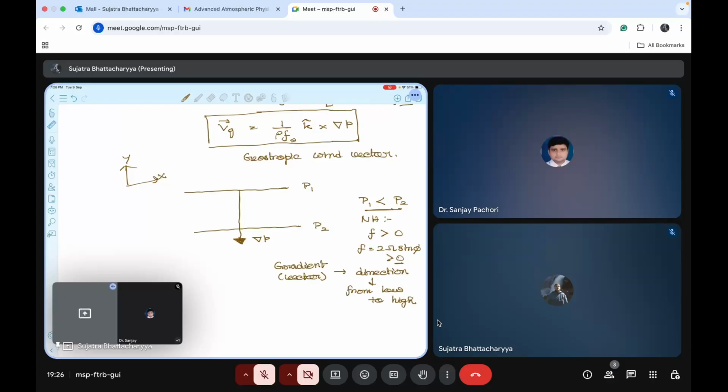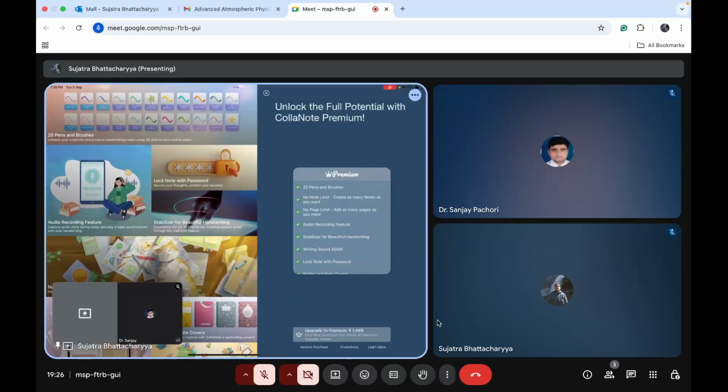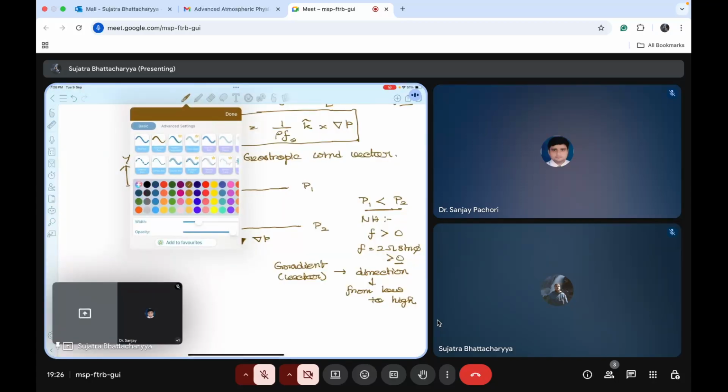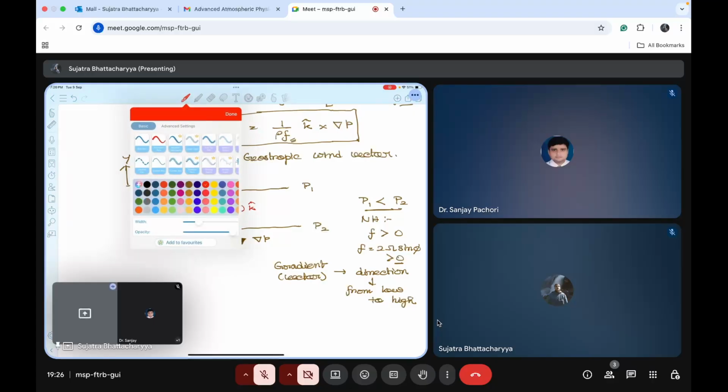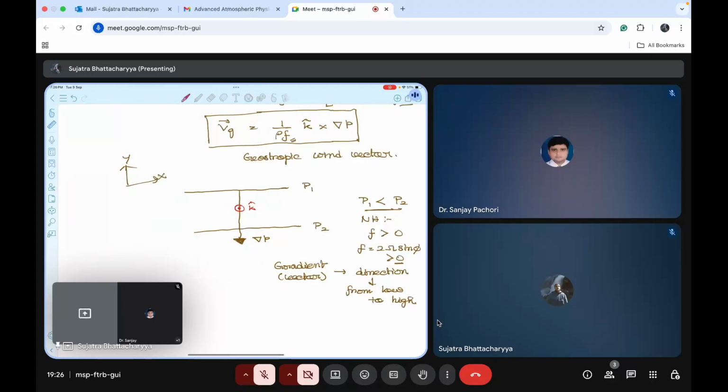So the z vector should be upward, coming out of the plane. Let me change the color. This should be the k hat direction. Now, if this is the k hat direction, then k cross grad p should be this. This should be the direction. With the right hand thumb rule, k cross grad p will be this. So this should be the direction of the vg vector.